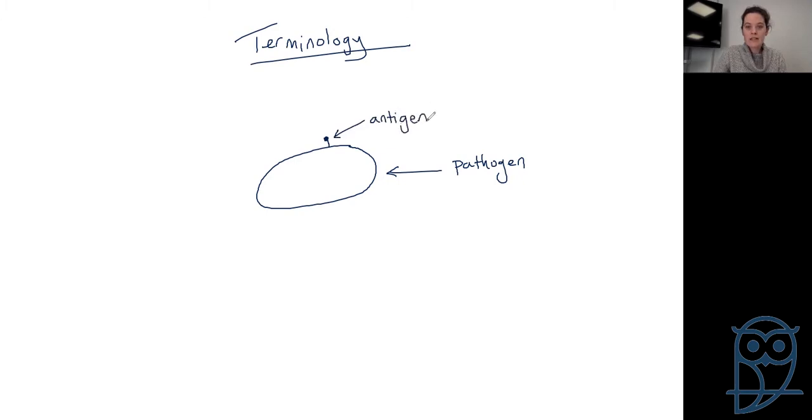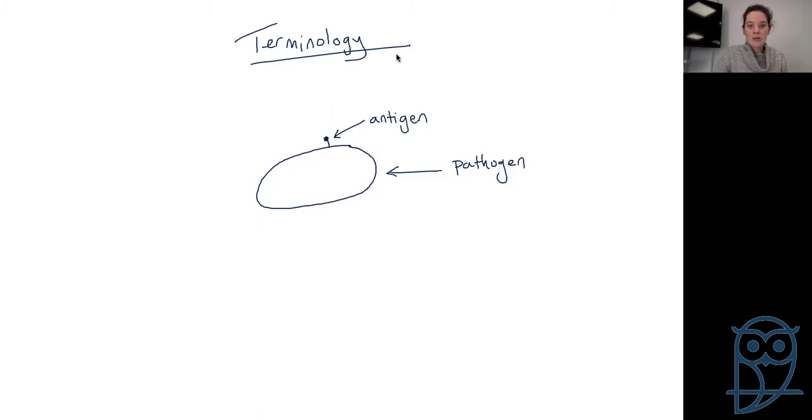An antigen is a cell marker. It identifies. We can have self-antigens and non-self antigens. All the cells in your body will have a particular antigen that marks them as self for your body. So any antigen that comes in that is non-self is foreign and it's going to stimulate an immune response. So Joe the bacteria with his antigen would be identified as foreign.